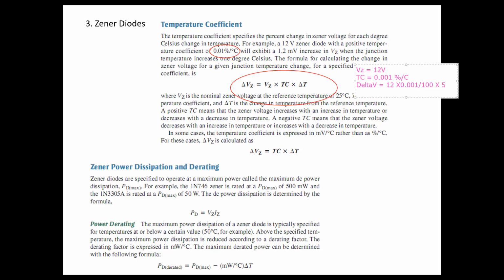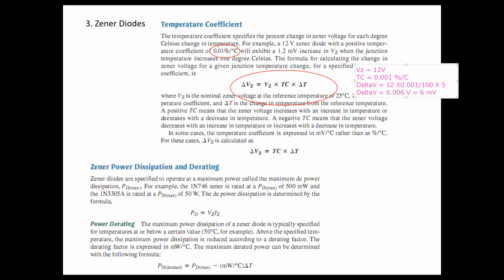This will give you the answer: delta V equals 0.006 volt, or 0.6 millivolt. In that way we can find that.